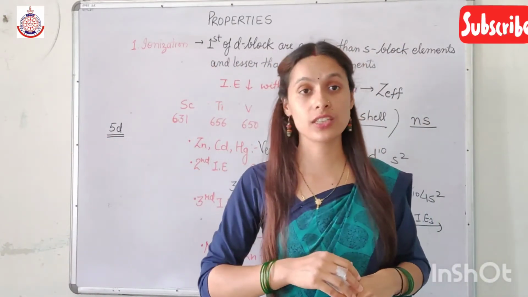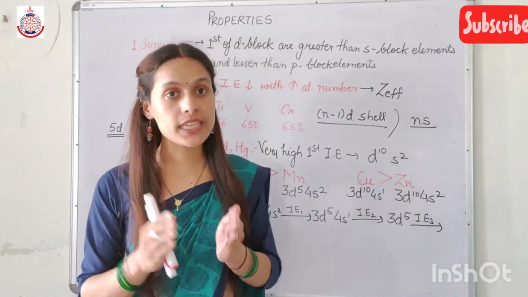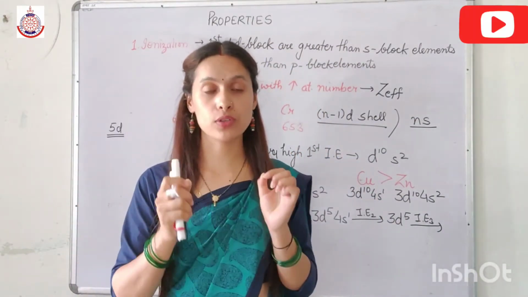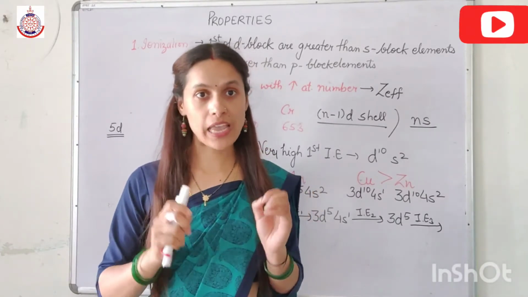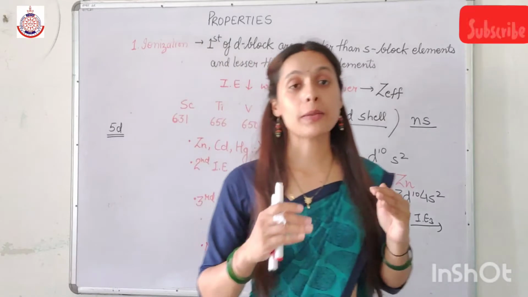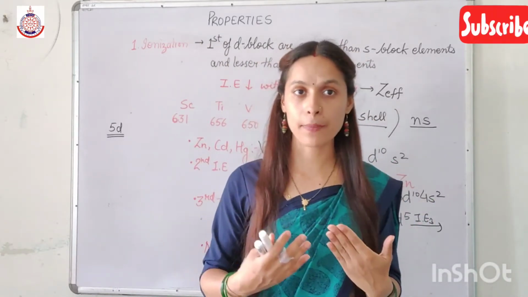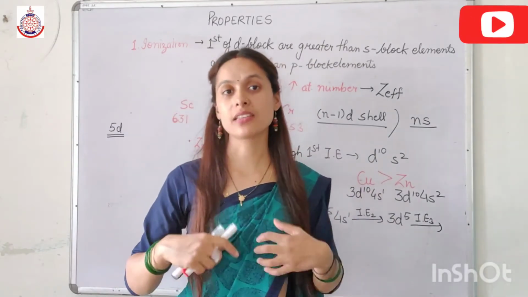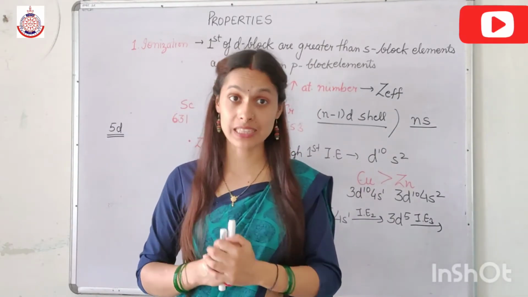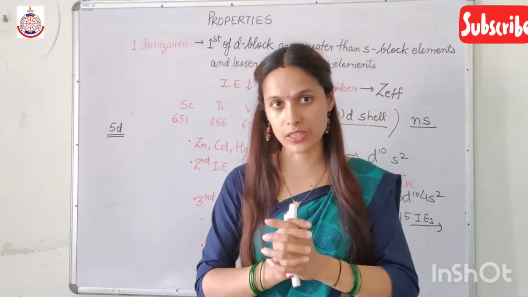The first ionization enthalpy of 5d elements is higher than that of the 3d and 4d elements because of the involvement of f electrons, the f subshell. Because of the very poor shielding effect of the f subshell, the increased nuclear charge effect dominates, as a result of which ionization enthalpy increases.